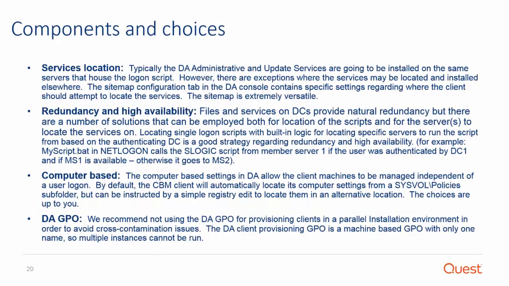Typically, the DA administrative service and the update services are going to be located on the same servers that house the logon script, but there are exceptions where the services may be located and installed elsewhere. There is a sitemap configuration tab in the Desktop Authority console which contains specific settings regarding where the client should attempt to locate the services, and it's extremely versatile.